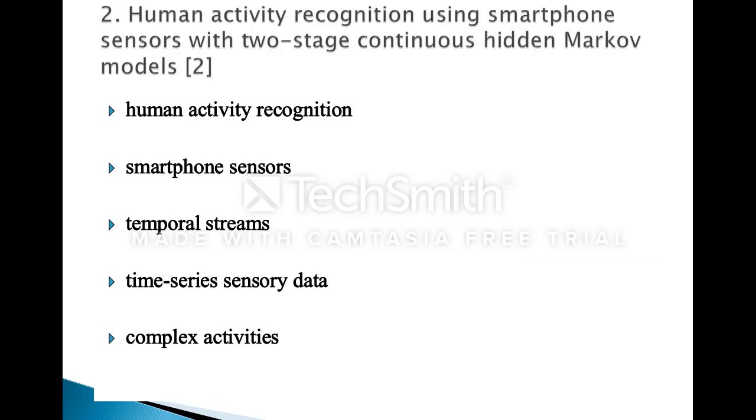Here is another paper: Human Activity Recognition using Smartphone Sensors with a two-stage continuous hidden Markov model. The Markov model was used to explore human activity recognition using smartphone sensors.